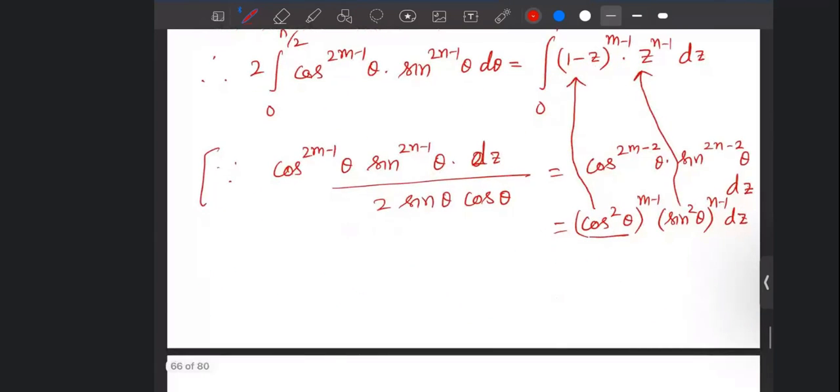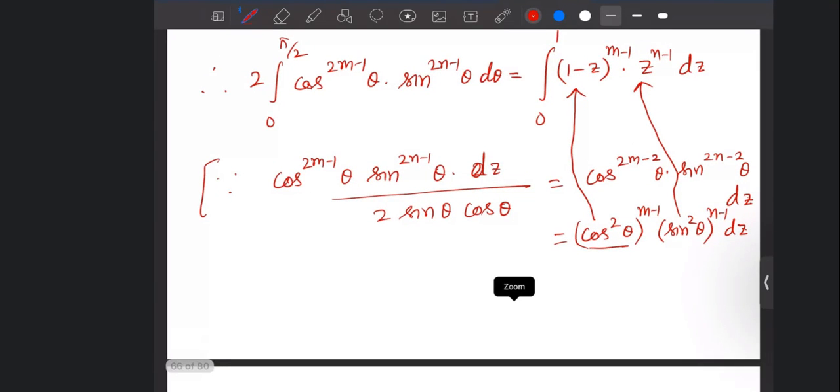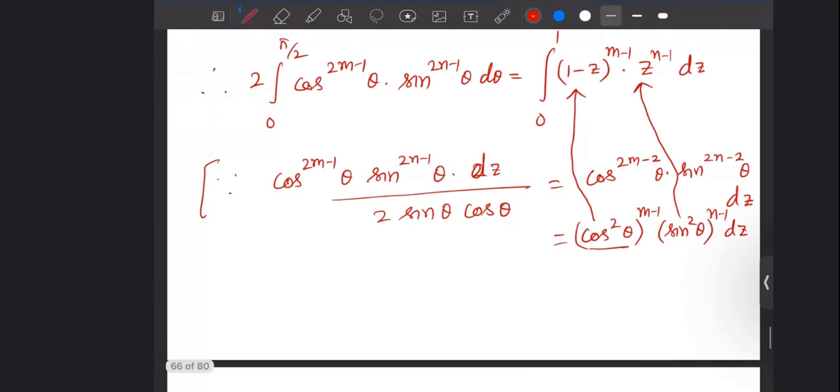So we can write the above term like this, or by the definition of the gamma function, it will become beta of n, m. But the beta function is symmetric, so it is equal to beta of m, n.